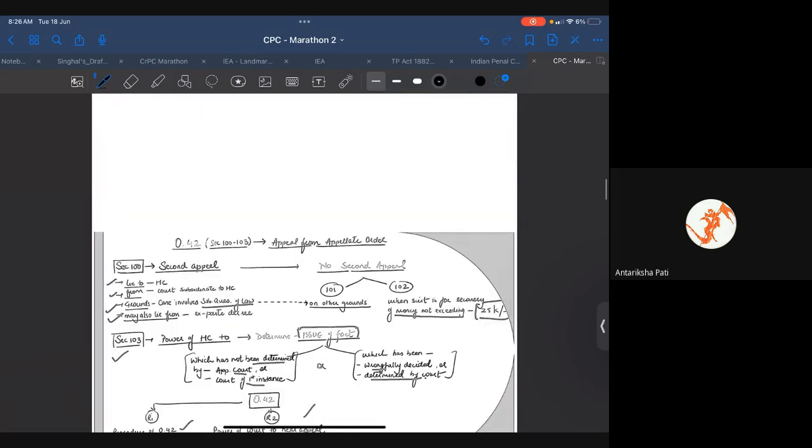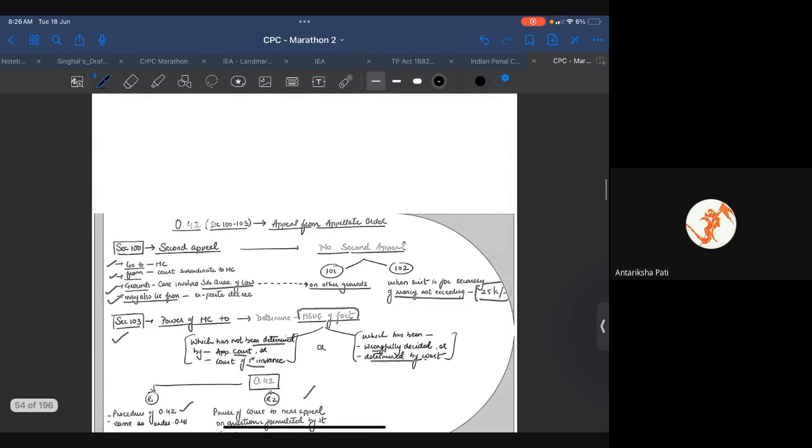Now Order 42, sections 100 to 103, appeal from appellate decree. Section 100 says second appeal. What does it say?